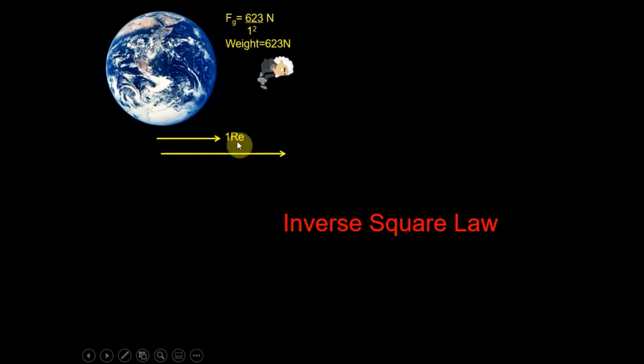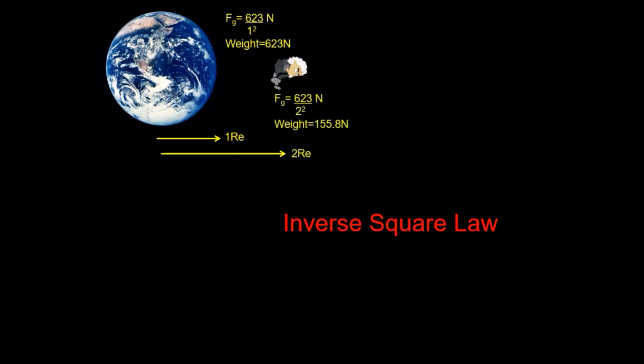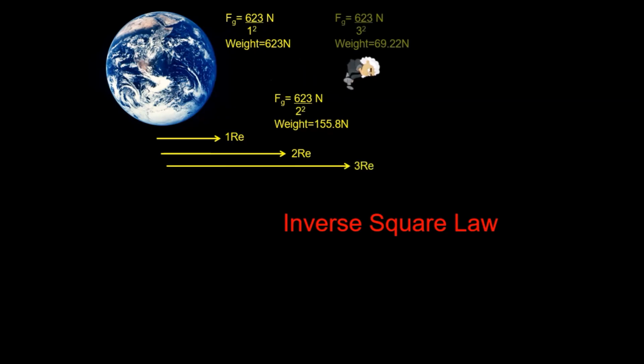Now take Newton out to 2 Earth radii, and you'll see that his weight now is 623 newtons over 2 squared, giving us 155.8 newtons. Take him out even further now, take him out to 3 Earth radii, and we're looking at 623 over 3 squared, so his weight is now 69.2 newtons. Let's go even further.